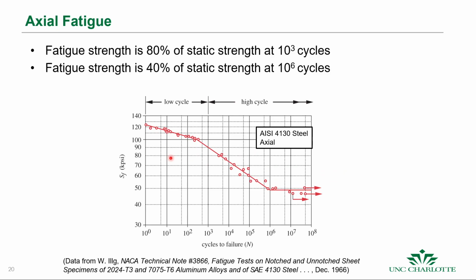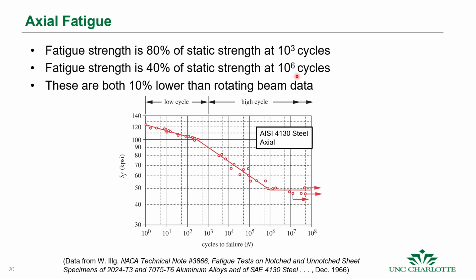So for axial fatigue, what we say is the fatigue strength is about 80% of the static strength at 10 to the 3 cycles and 40% of the static strength at 10 to the 6 cycles. So 80% of the static strength for low cycle fatigue, 40% for higher cycle fatigue.